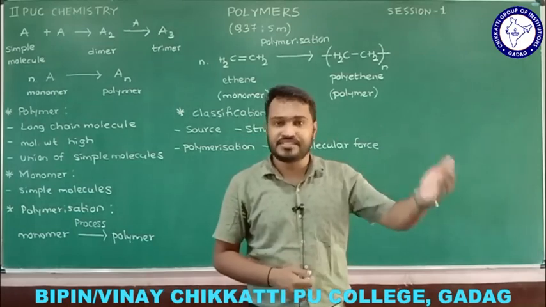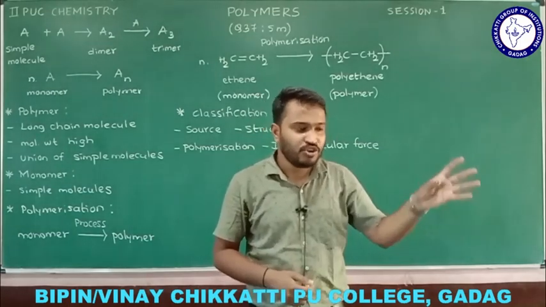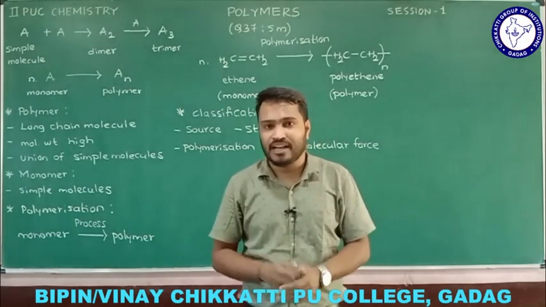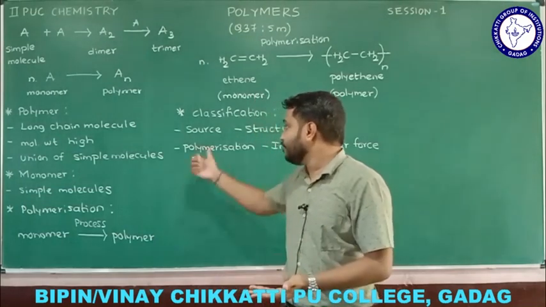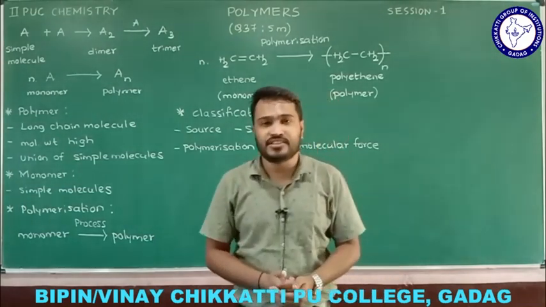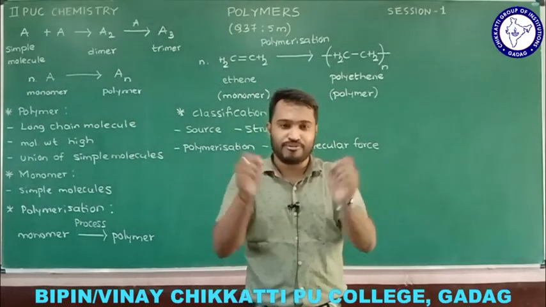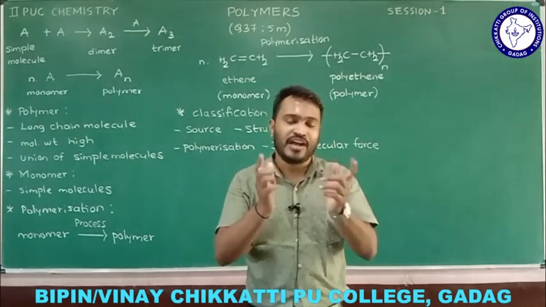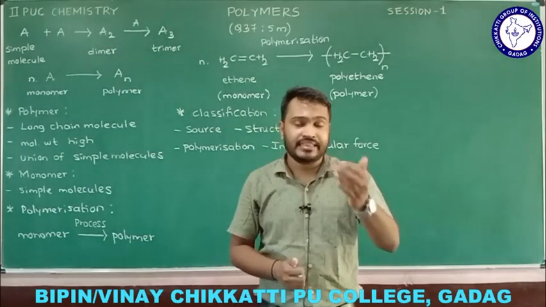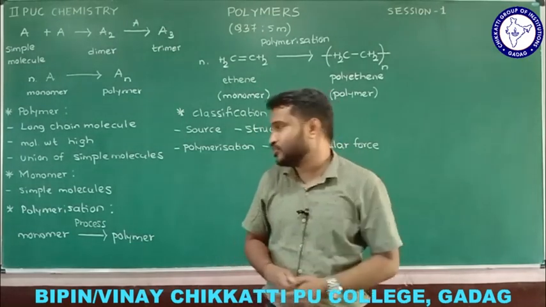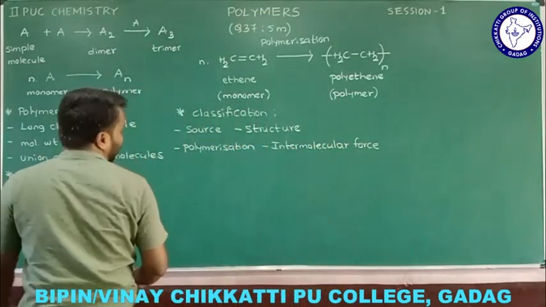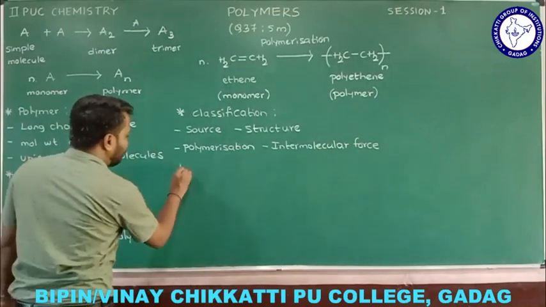Based on polymerization, in what method the monomers combine to get a polymer, that is the synthetic method, and we call it based on polymerization. Based on the intermolecular force, what kind of force is present in the polymer, based on that also we are going to classify, and these four are the conditions for the classification of polymers. So now we'll discuss one by one.